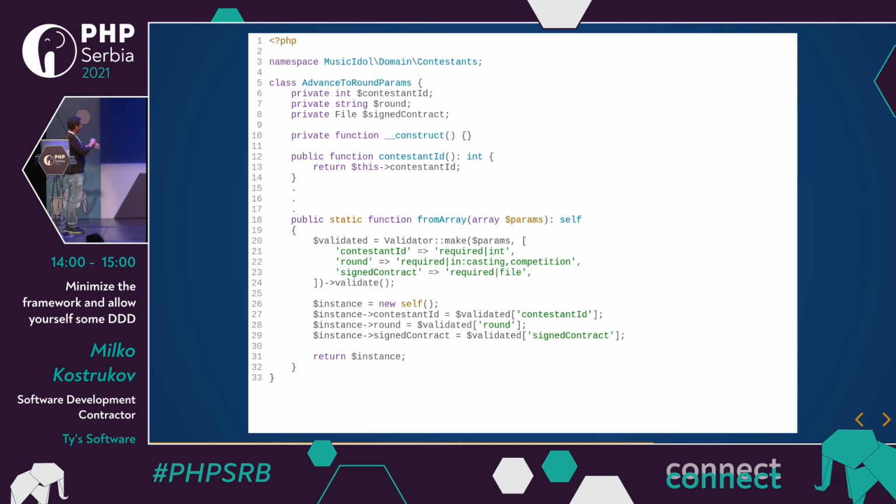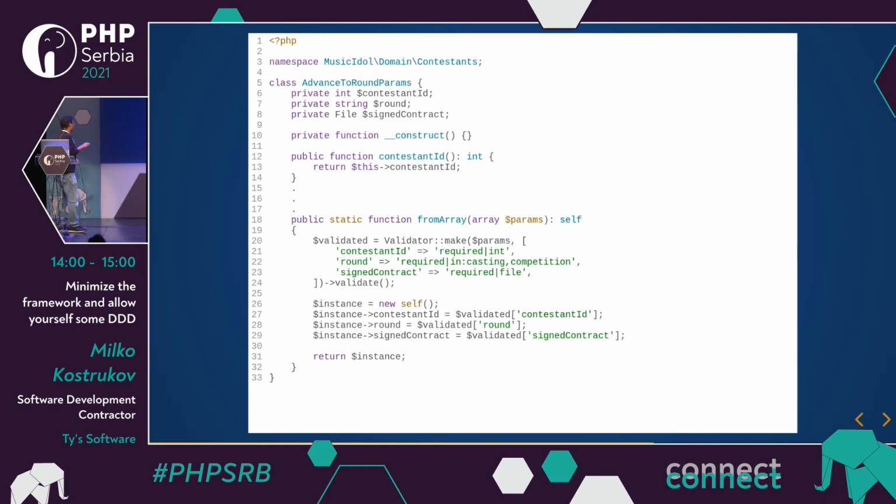So when you create the value object from an array, for example, it validates the data passed in, then creates an instance of itself, assigns the validated data and returns the instance. And now you know that this is valid data, and you can pass it around to different stuff. It's cool. And it abstracts away whether it's HTTP or console input. You don't care. You pass in an array, it validates.